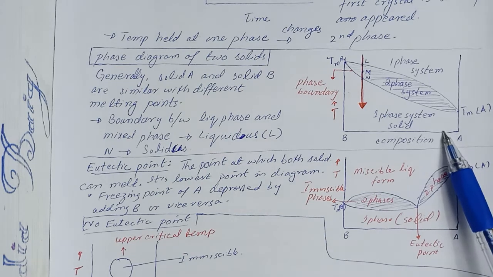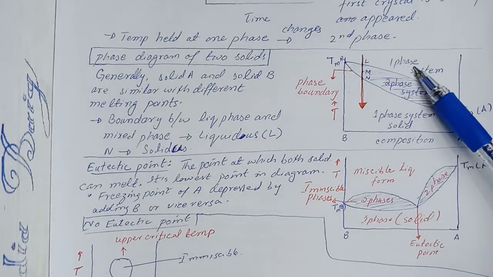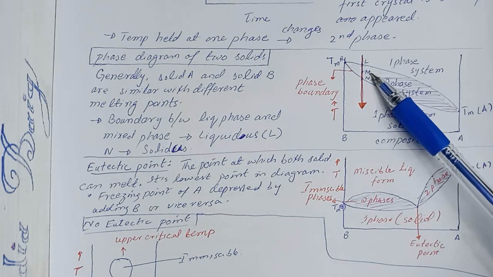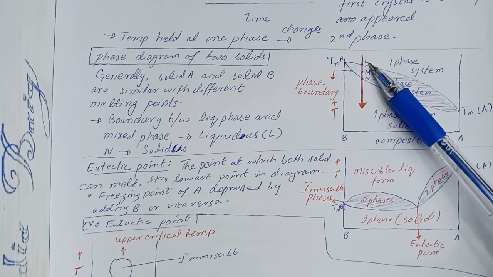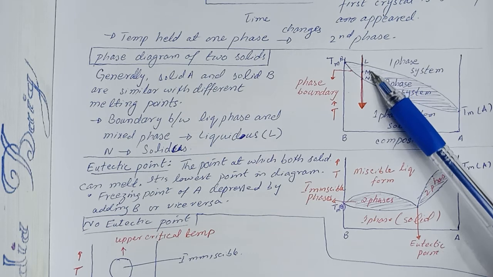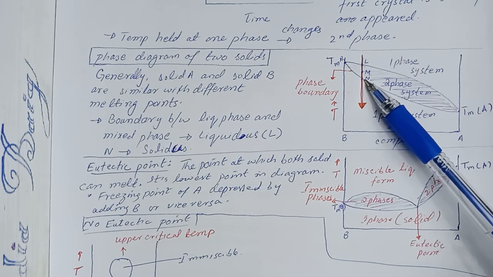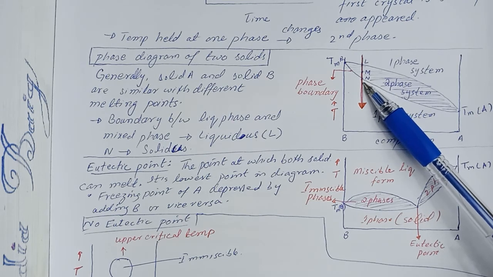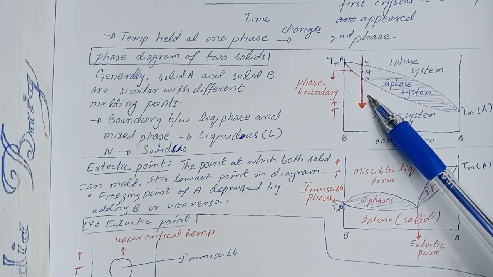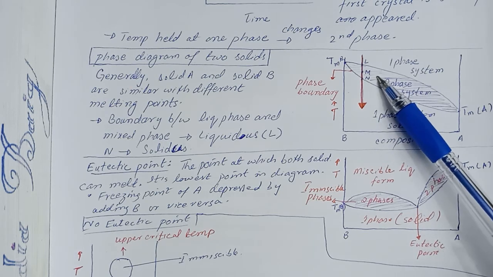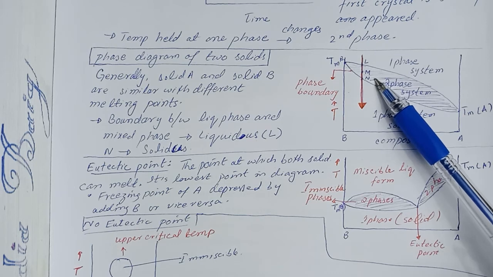Similar to the above diagram, when we move from point L, M and N, we are moving from miscible liquid phase to immiscible solid and liquid phase, and we are crossing the phase boundary, that is the solidus phase boundary, in between the miscible solid, immiscible solid and liquid phase.